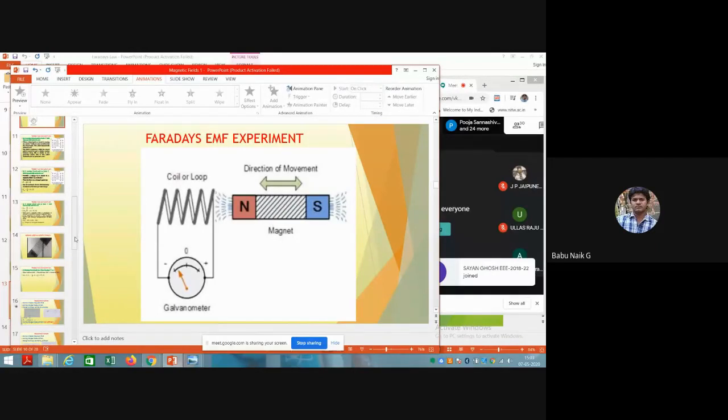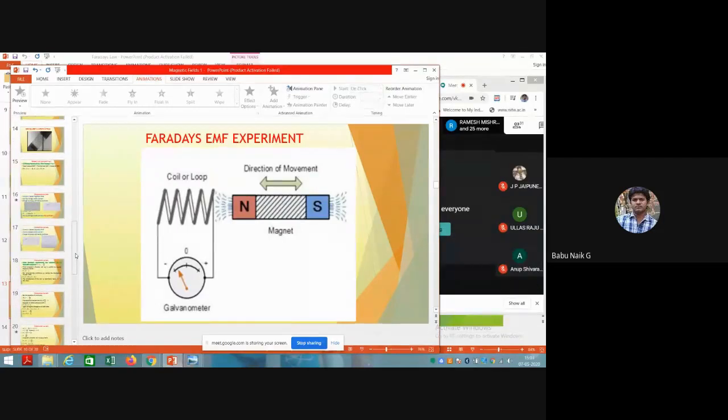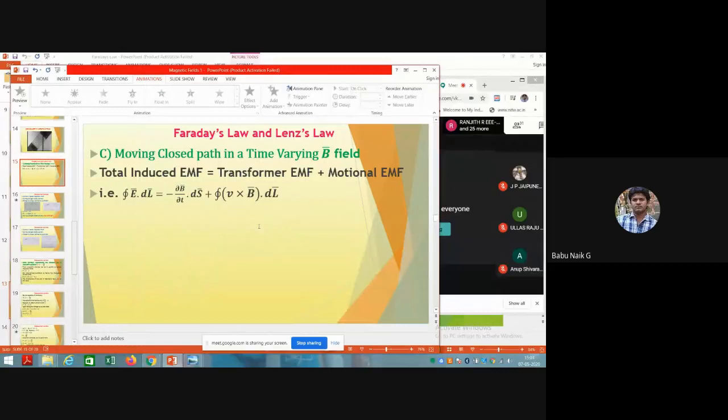So we have seen the magnetic field calculation with respect to the time varying field, and that equation is one of the most important Maxwell equations for the time varying field, covering both generator action and transformer action.